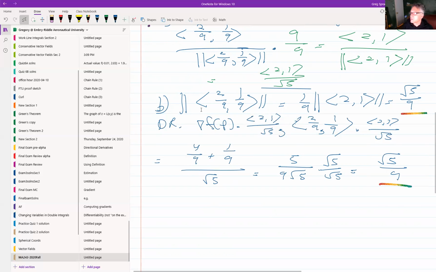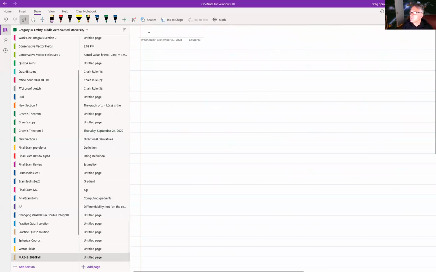Okay. Now, one more thing we're going to do with gradients, one more application. You can use gradients to find normal vectors to surfaces or orthogonal vectors to curves.